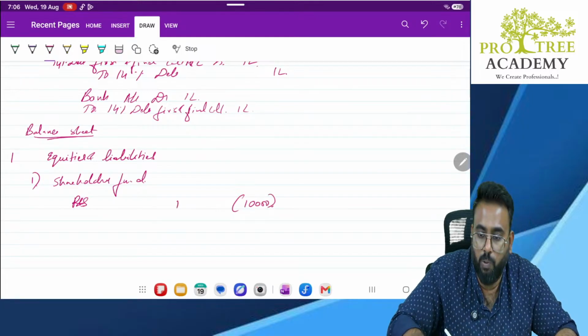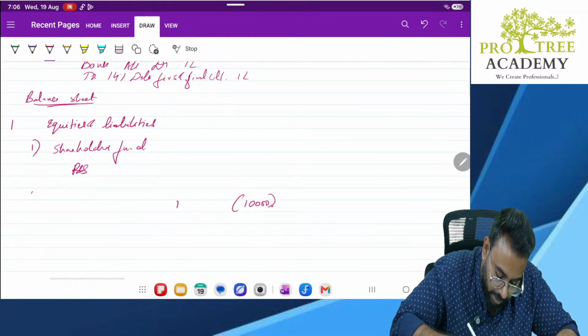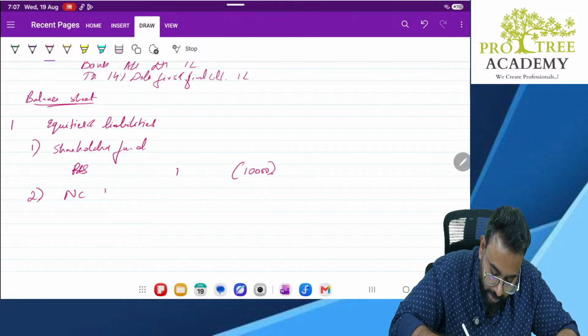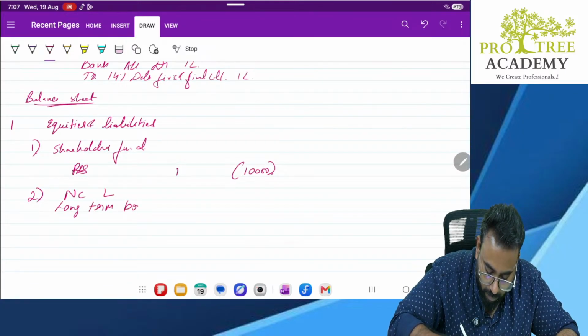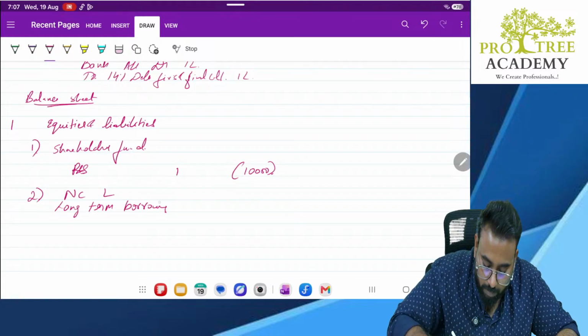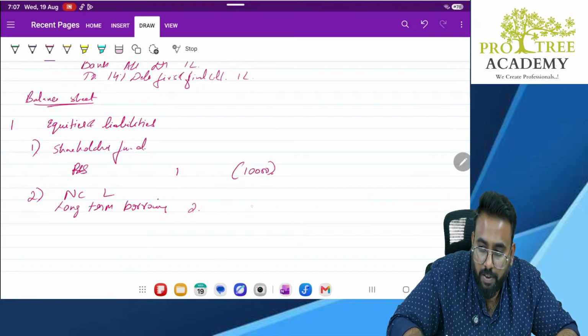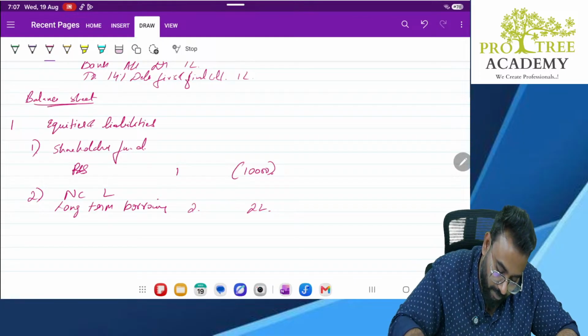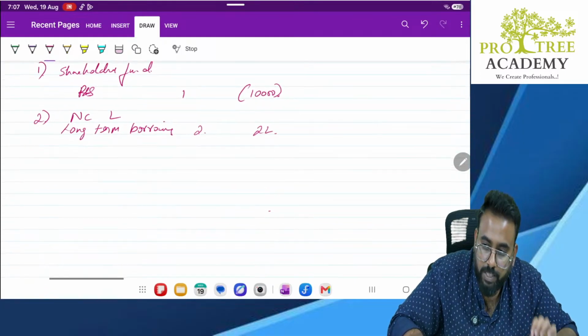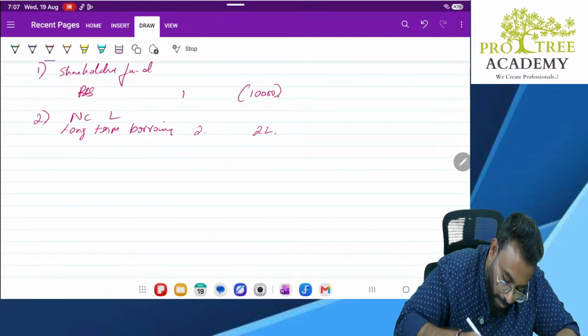Note number 1. Next, non-current liabilities, long term. Note number 2. How much long term borrowings? 2 lakhs. Nominal value, always nominal value.